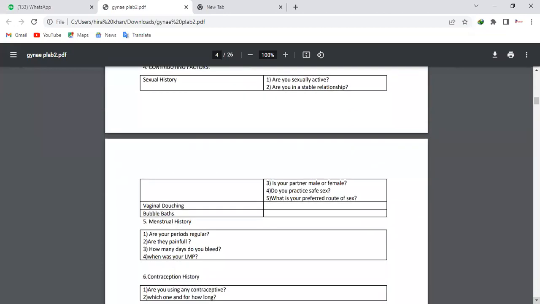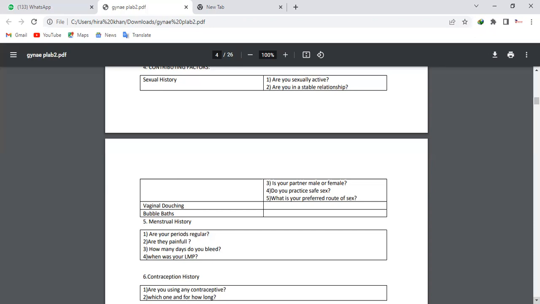Then you have to ask, do you use vaginal douching? And have you had a bubble bath? Because a bubble bath, or the use of some kind of chemicals or products on the pelvic area while showering, can be a causal factor for non-STI.